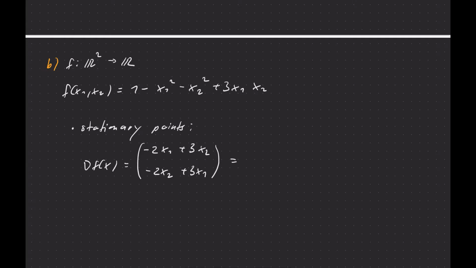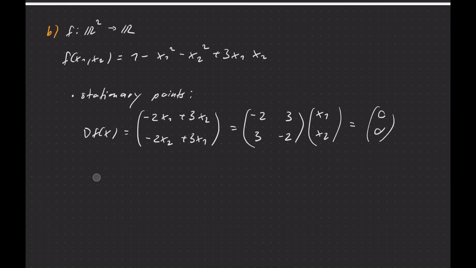We could also express that as the matrix (-2, 3; 3, -2) times the vector (x1, x2), and we want that to be 0. We have to solve the equation system here for x1 and x2. So we'll do just that.